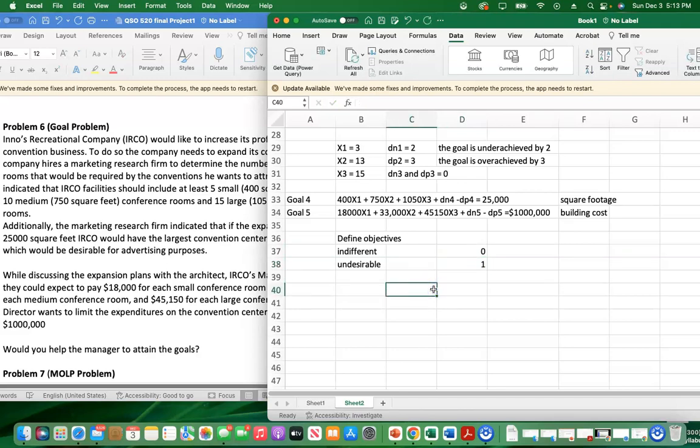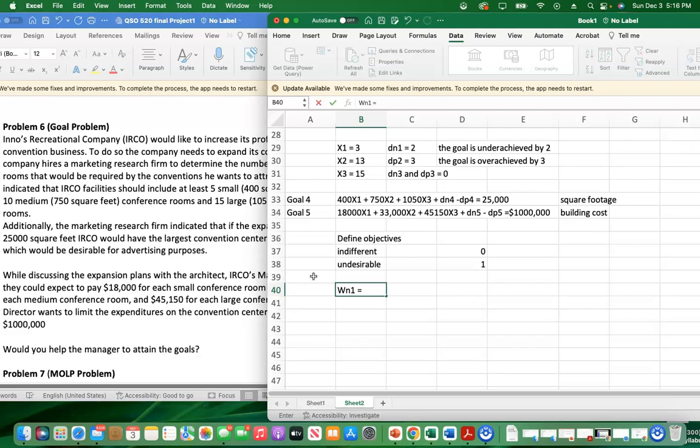Remember, the decision maker will consider it undesirable to underachieve any of the first 3 goals. And so we will give weight to the deviation, which is n, for the first goal.